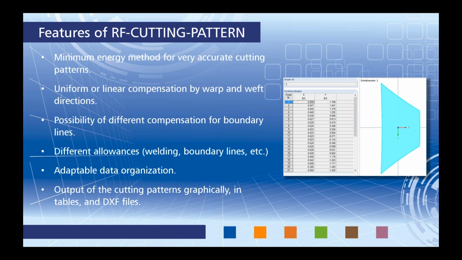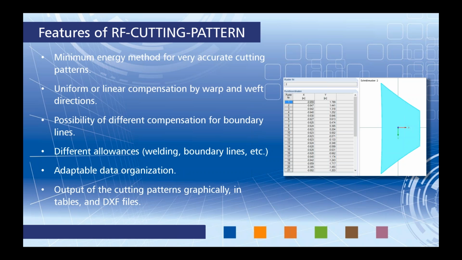Our other add-on module, RF-CUTTING-PATTERNS, uses the minimum energy method for a very accurate cutting pattern. So essentially, we're turning this 3D membrane element into a 2D cutting pattern via the minimum energy method. We can also take into account uniform or linear compensation by warp or weft directions, meaning typically these membranes are going to be stretched when they're applied to our structure.